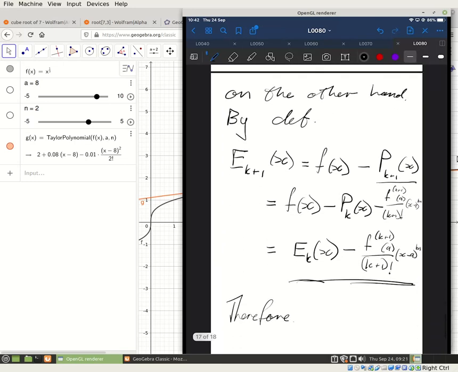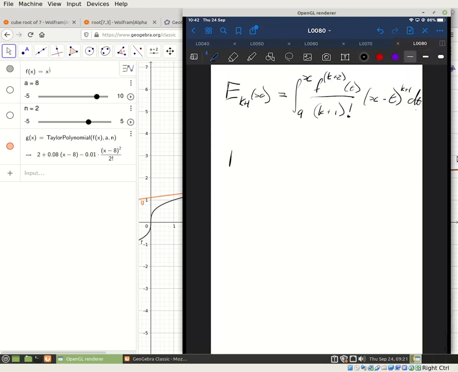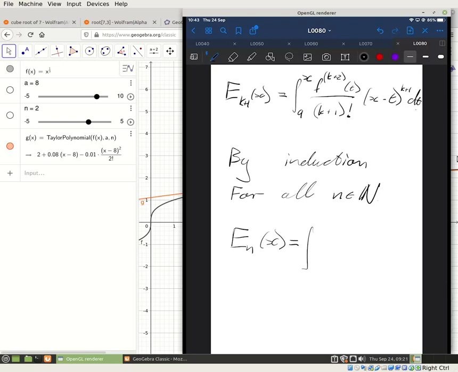So now by induction, what do we have? So by induction, for all natural numbers n, we have an expression for en, which is the integral from a to x of the n plus first derivative f^(n+1)(t) over n factorial times (x minus t) to the power n dt.